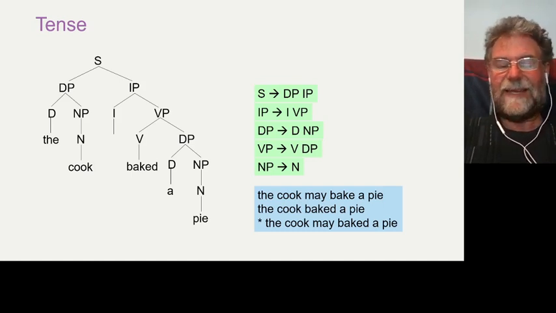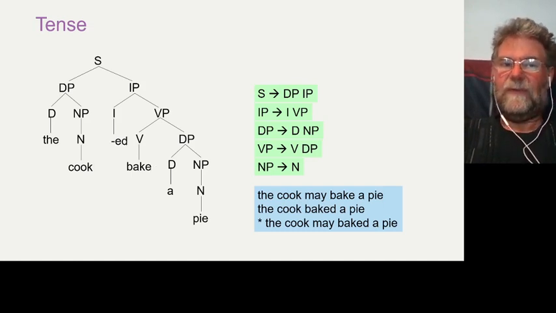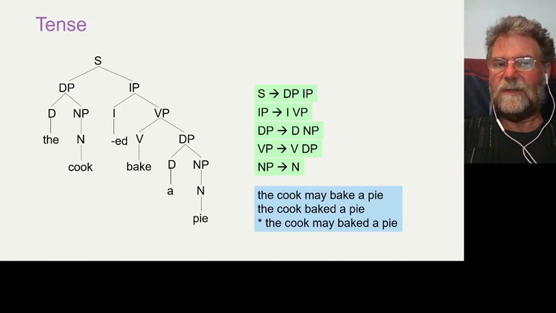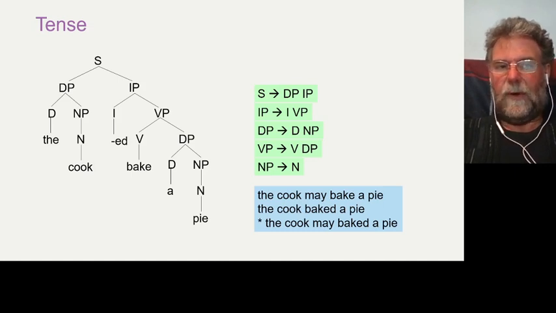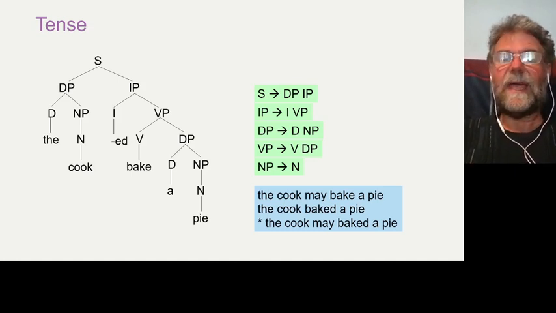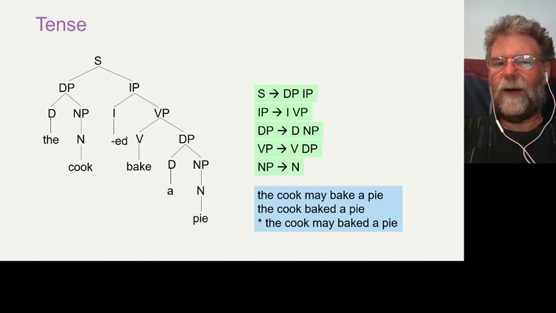We've got the past tense morpheme. So we could assume that what's actually happening here is that the past tense morpheme occupies that position, the inflection position, and that's why it's in complementary distribution with the modal. You can't have a modal and a tense at the same time because they are both inflections. And in fact, you can see now the sense in why the term inflection was used for this category, including the modals.